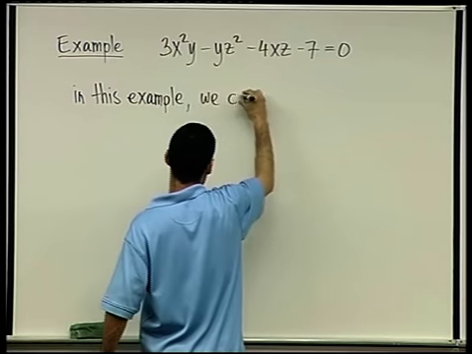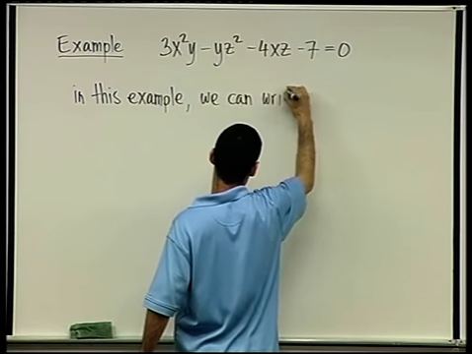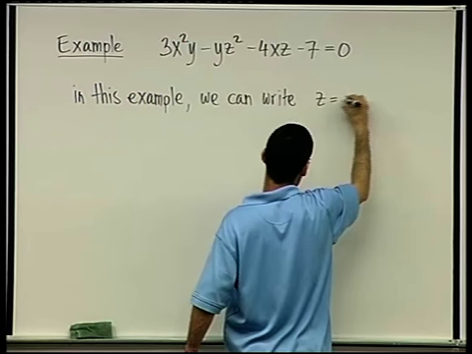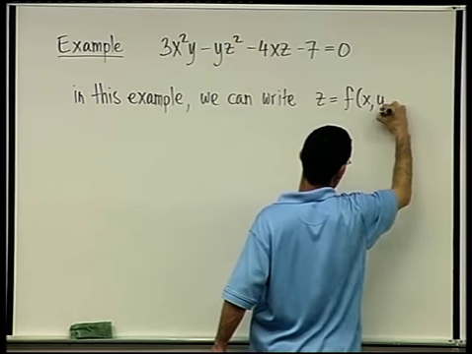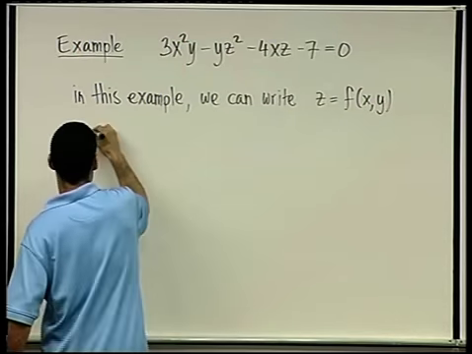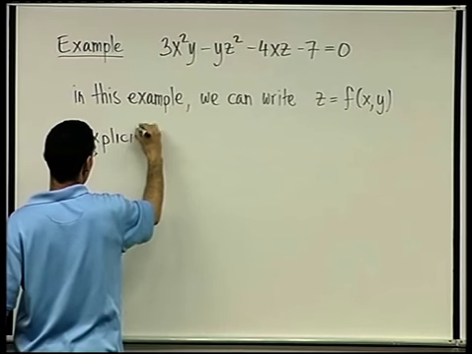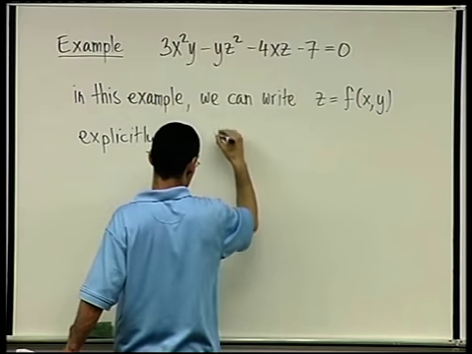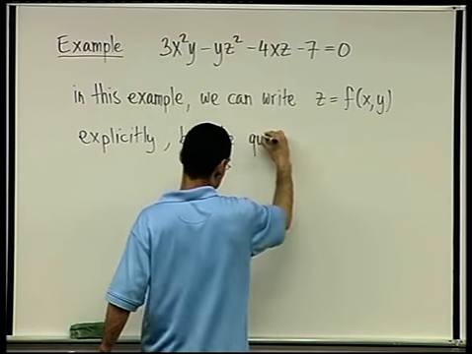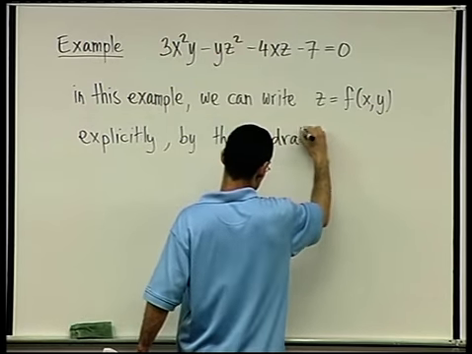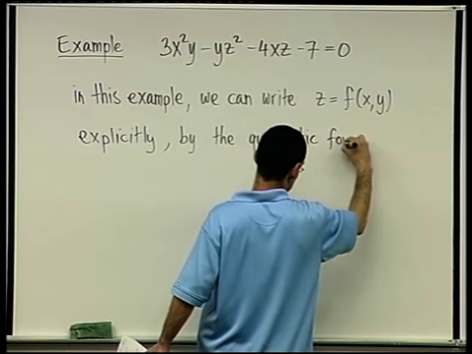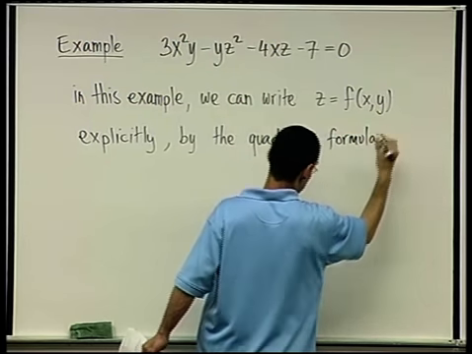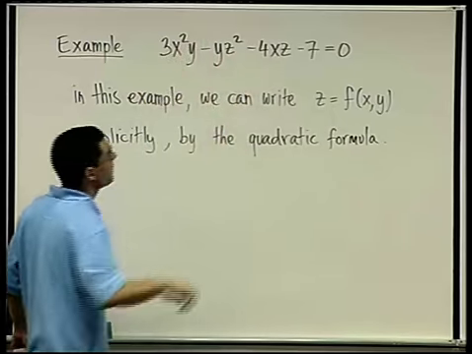So in this example, we can write z equals f of (x, y) explicitly by the quadratic formula. Right? We can solve this thing for z.